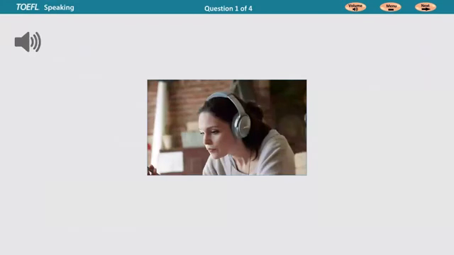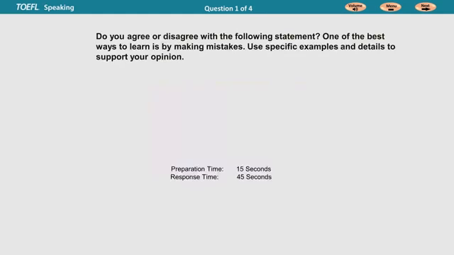Number 1. In this question, you will be asked to give your opinion about a familiar topic. After you hear the question, you will have 15 seconds to prepare your response and 45 seconds to speak. Do you agree or disagree with the following statement? One of the best ways to learn is by making mistakes.